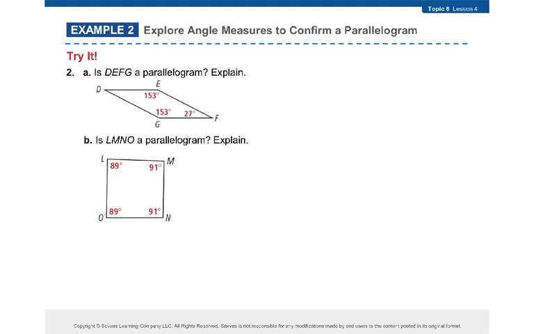Try it, number 2. Answer the one in your workbook. Letter A: is DEFG a parallelogram? Explain. If you say yes, explain. If you answered no, explain. And don't forget the property of a parallelogram, which is opposite angles are congruent.